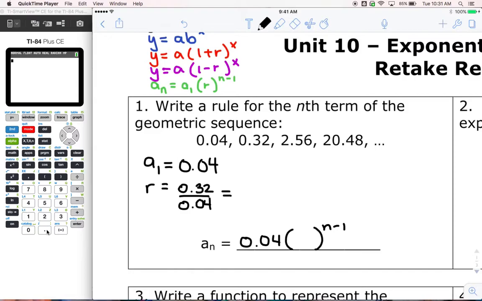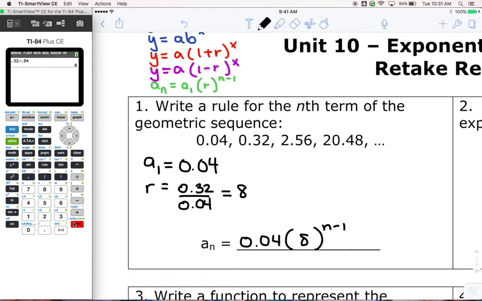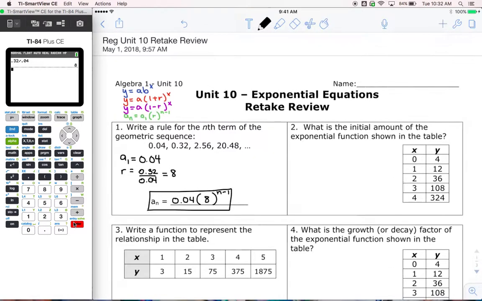So what is 0.32 divided by 0.04? I think it's 8. Let's check. We get 8. So r is 8, and that's my rule. All you had to do was write down the initial amount, figure out the r value, and put it in your formula.